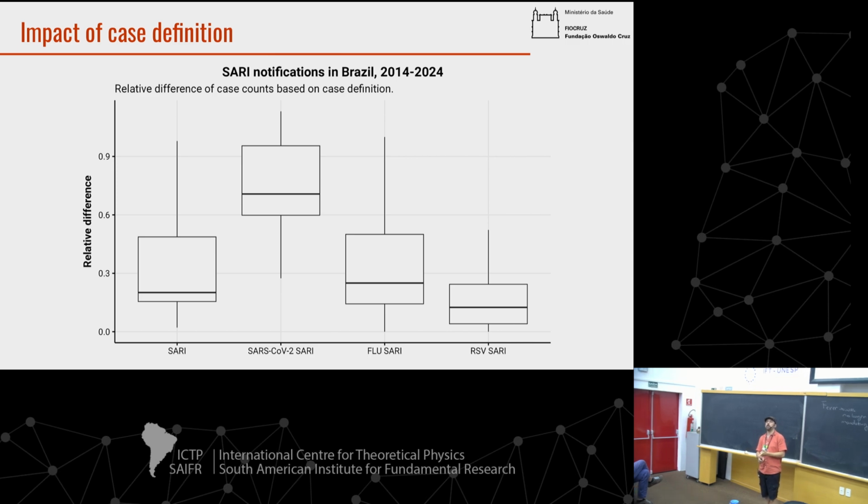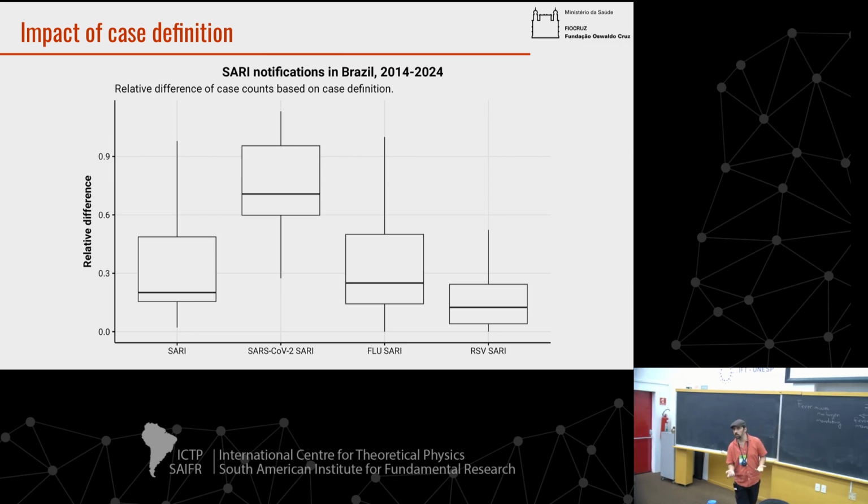Look into the database and check for the symptoms. Otherwise, you might be thrown off. You can speculate that if a case was notified as SARI, it is because the individual was in fact presenting as SARI. But if the symptoms are not reported into the database, you cannot guarantee it.